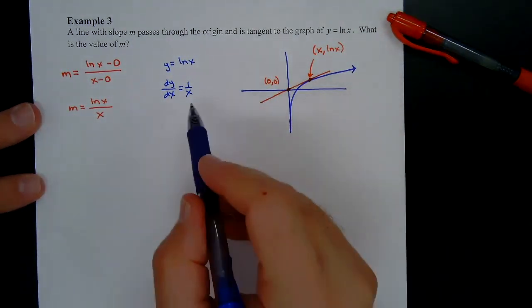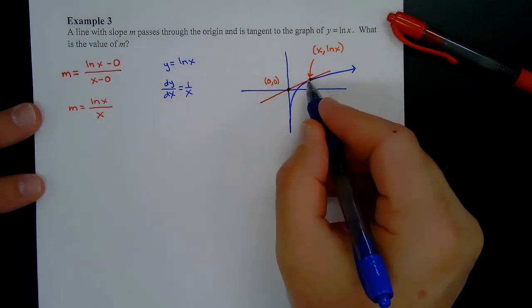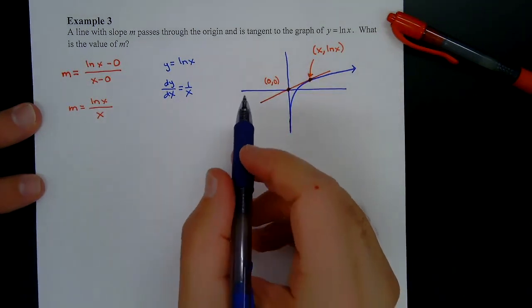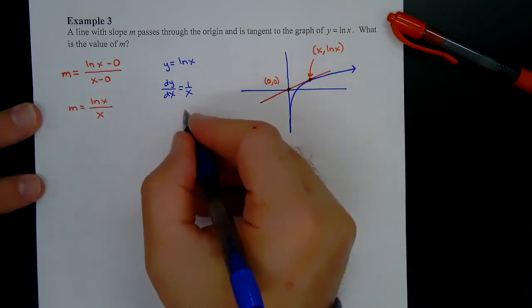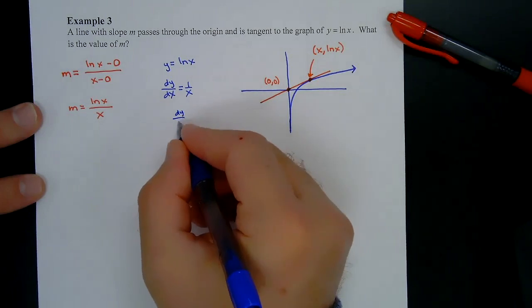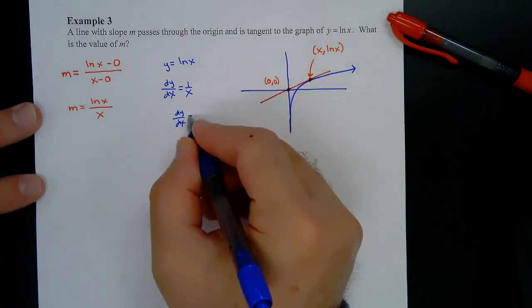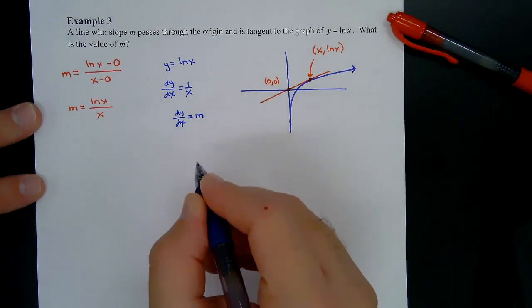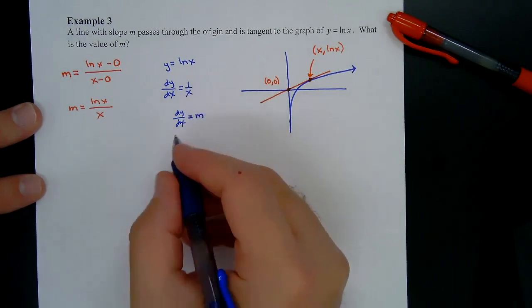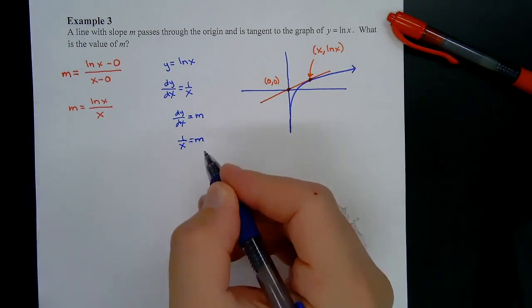And this is the slope at this particular x value, and I know it turns out to be m. So I also know that dy over dx at this x value is equal to m. So I also know that 1 over x is equal to m.